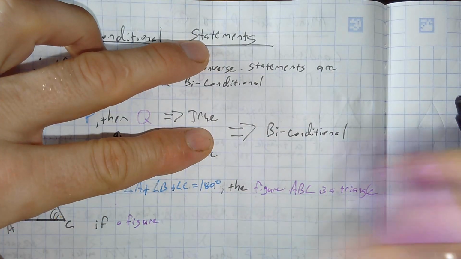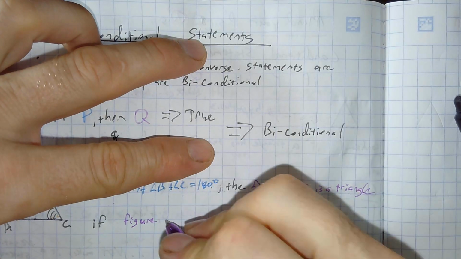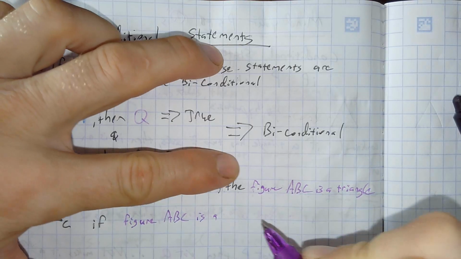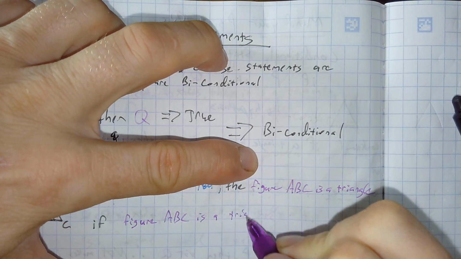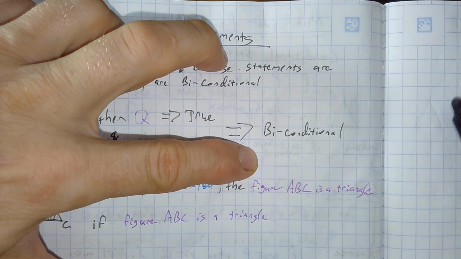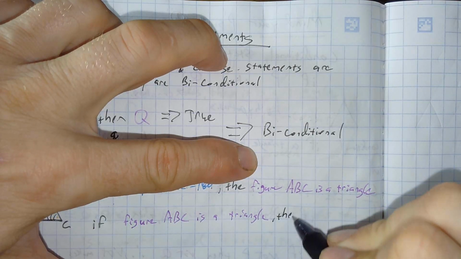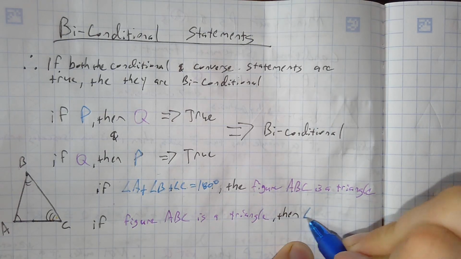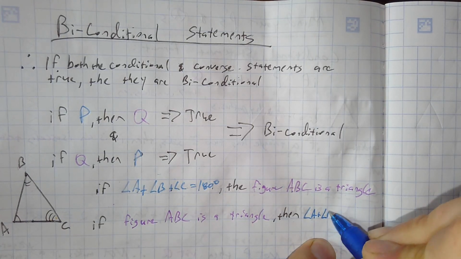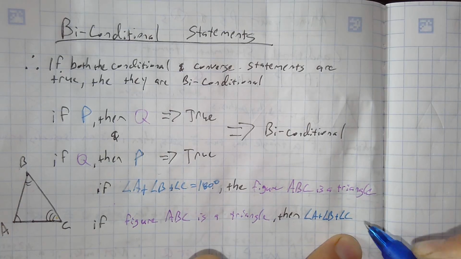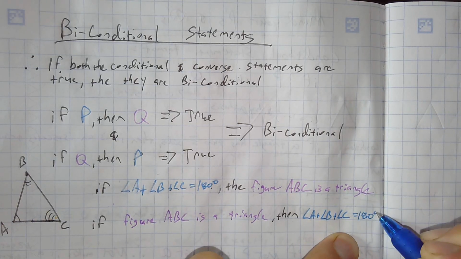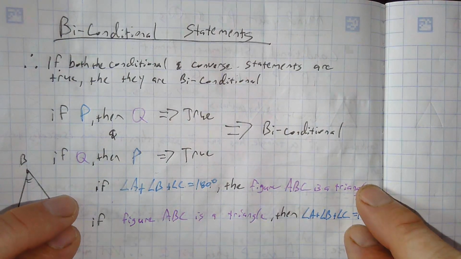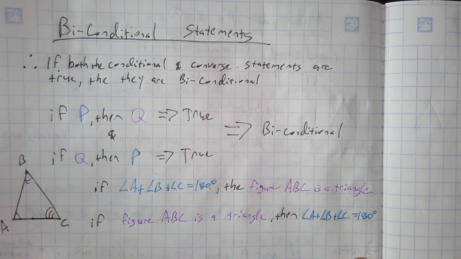If figure ABC is a triangle, then angle A plus angle B plus angle C equals 180 degrees. Okay, that's true too, right? So the conditional statement and the converse are true.